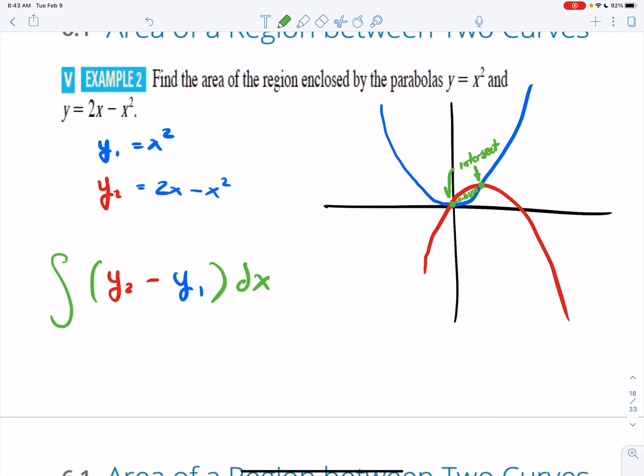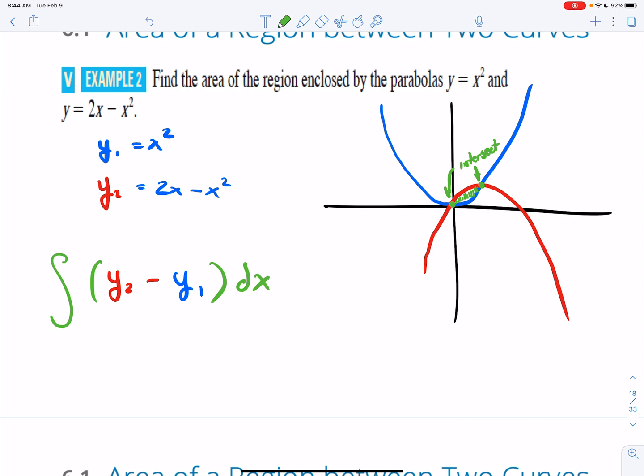So here's what you do. You go to second, you go to trace, and if you guys take a look at the number 5 says intersect, okay? Two things that you guys got to know about calculating. You got to know how to find your zeros, and you got to know how to find your intersections. Those are used a lot of the time on the exam, okay?